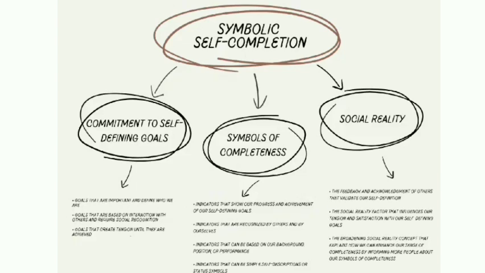Symbols of completeness. These are the indicators that we have reached our goals or that we have the qualities we want. These indicators are recognized by others and by ourselves.